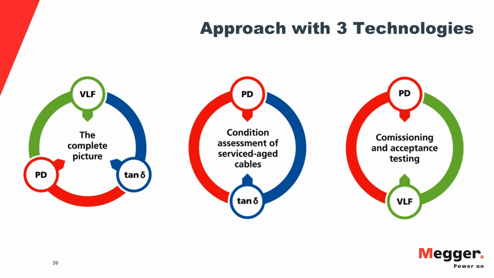Those two methods ask different questions to the cable. You get different answers. And only when you do all 3, you get the complete picture, because the VLF is taking care of the local critical weak spots. The PD testing is revealing the workmanship issues in the accessories, and the tan delta is the test to gauge the aging condition of an XLPE insulation.